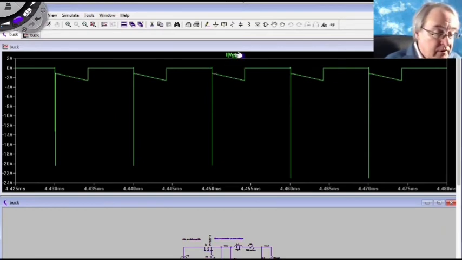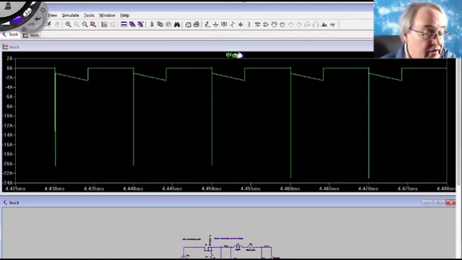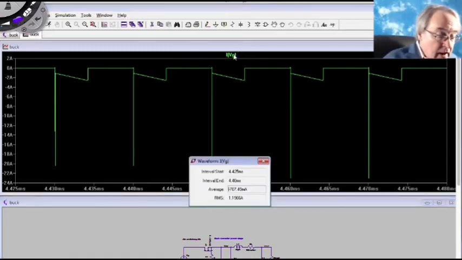We can measure voltages and currents using SPICE. What we do is press the control button and click on the name of the waveform, and then a window comes up that tells us the average value and the RMS value of the waveform. So the current drawn out of VG, this I of VG, has an average value, or DC component, of 707 milliamps.